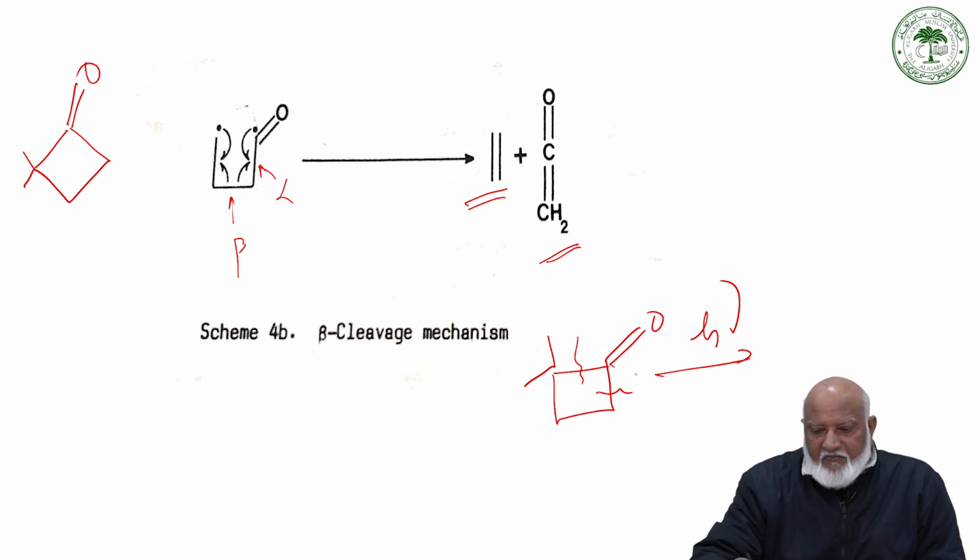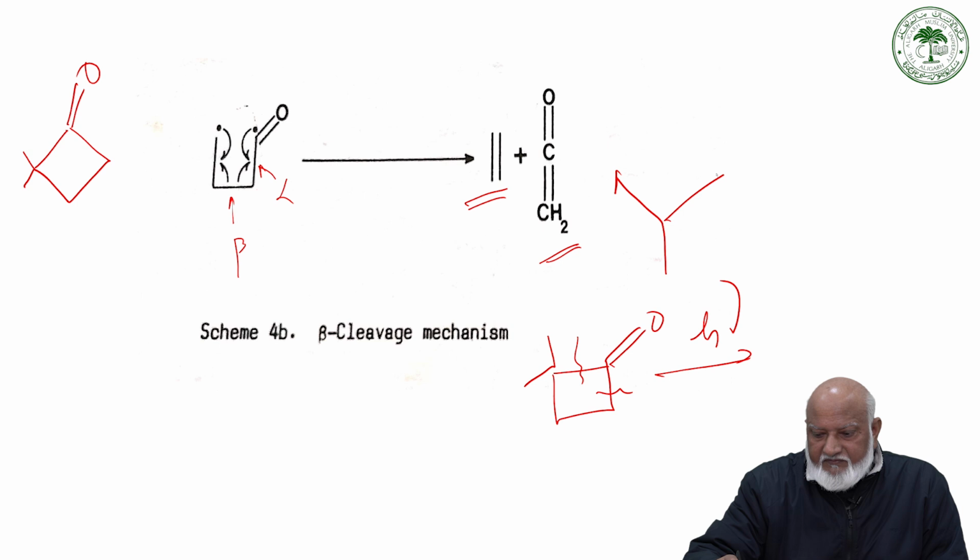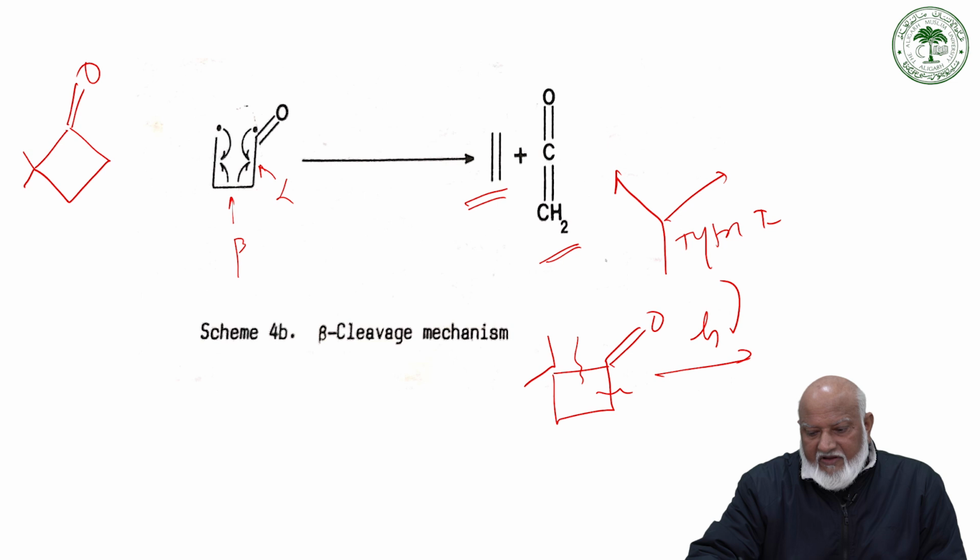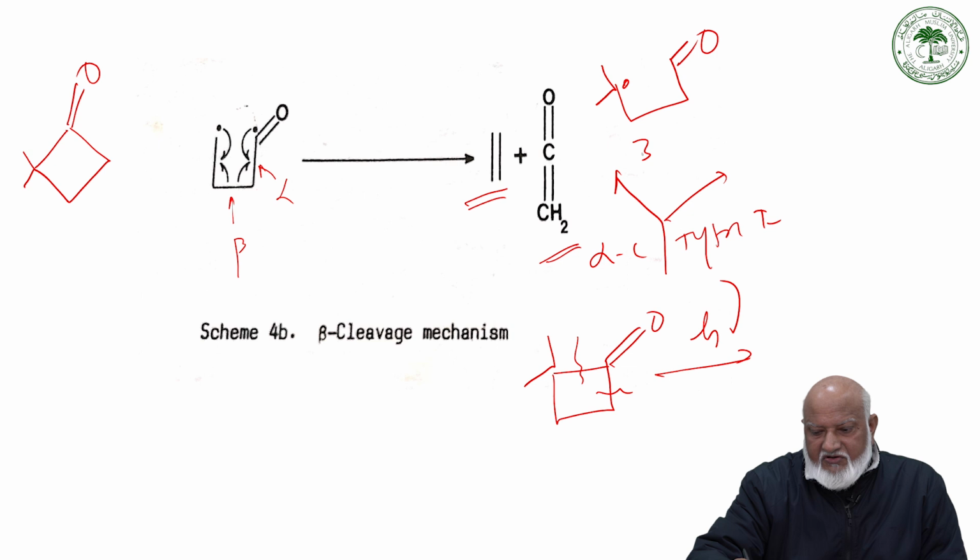There is a possibility of two intermediates. If this is a type 1 reaction, alpha bond cleavage, if we cleave this, we get a tertiary radical.